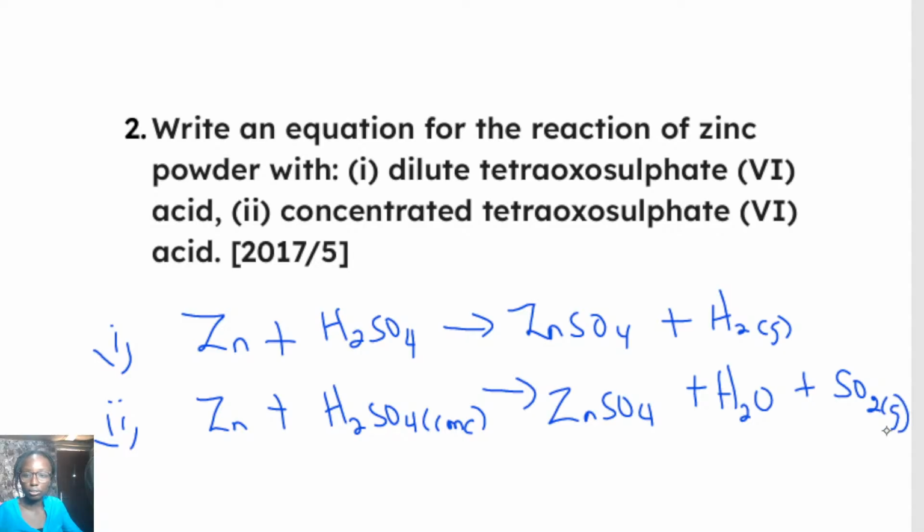This is gaseous, so take note of that. This is what you get when you react with a concentrated acid. This is for a dilute acid. Now, you can go ahead and balance the equation.